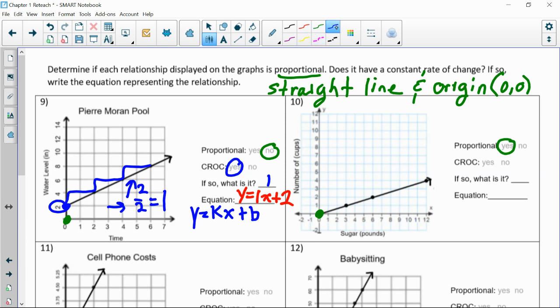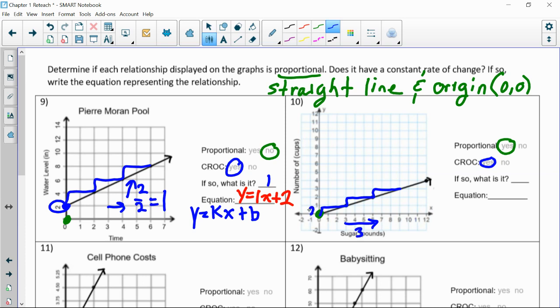All right, our next thing. What is the constant rate of change? We know if it's proportional, automatically there has to be a constant rate of change. So now we have to find it. Okay, so I look, how am I rising and how am I running each time? Well, I went from 3 to 6. That's my bottom number. So that means I ran 3.